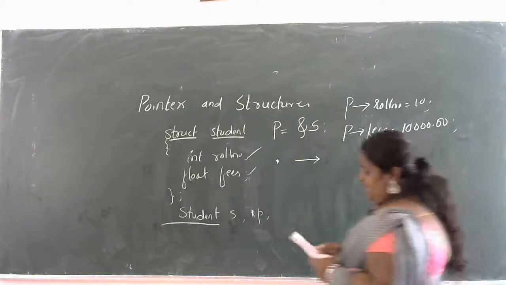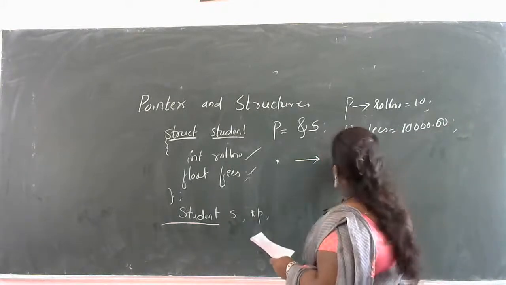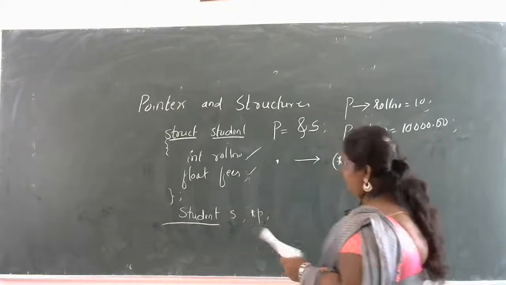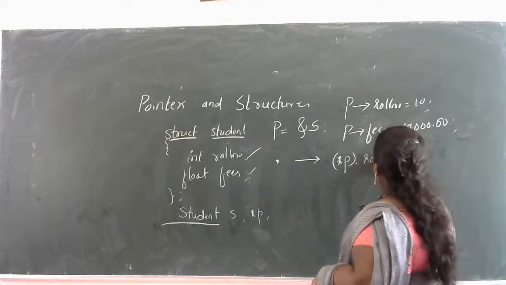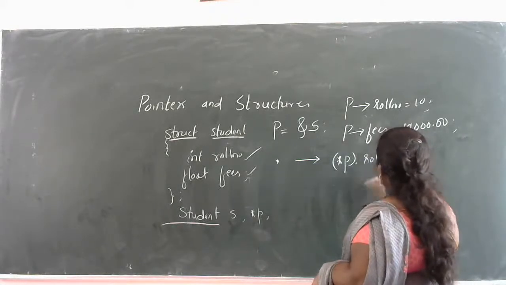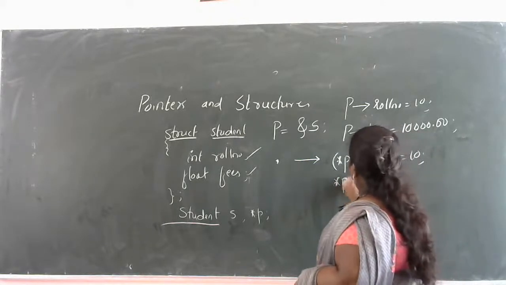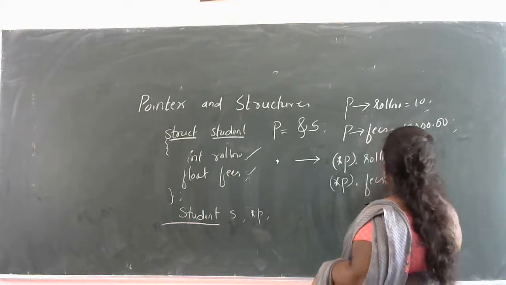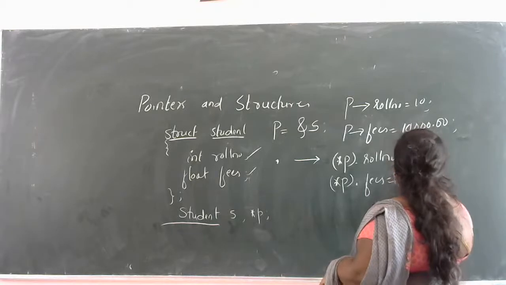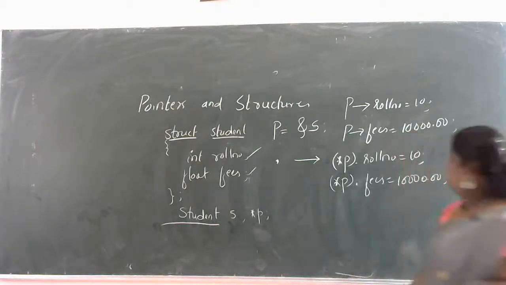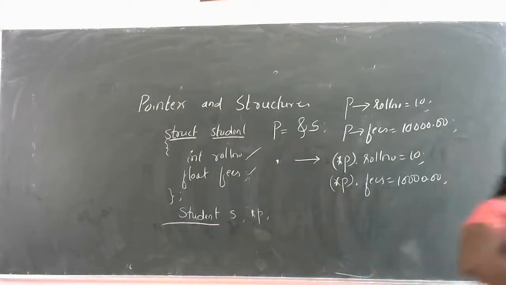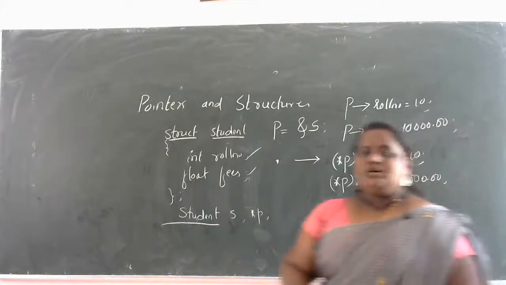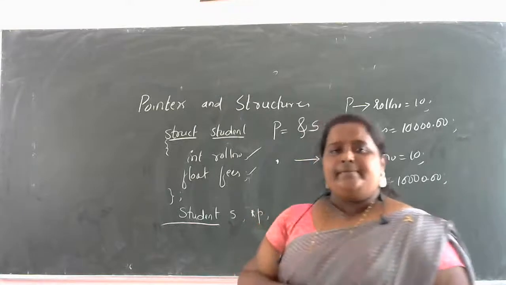How do you do it using the dot operator? Star p should be in brackets, dot roll number equal to 10, star p dot fees equal to 10,000, like this. How to access your variable in a structure?